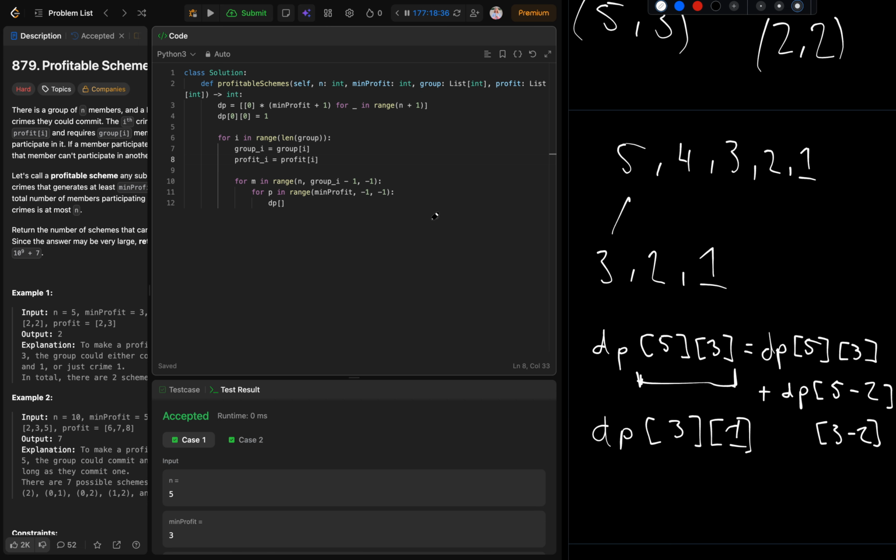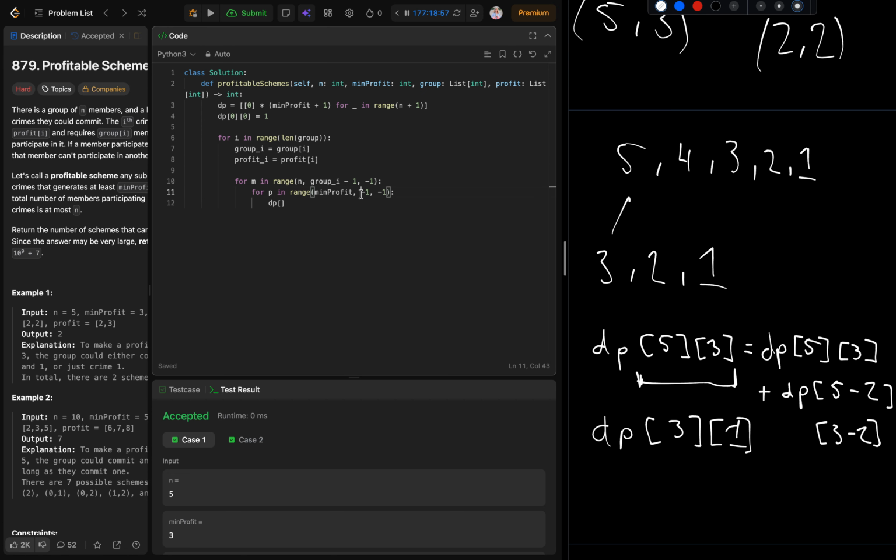Yeah, but we can't go from min profit to profit I minus 1 because let's say our min profit is 3, but a crime costs 6. But by the code, it won't run once.